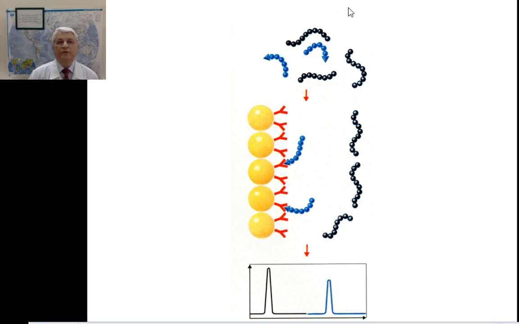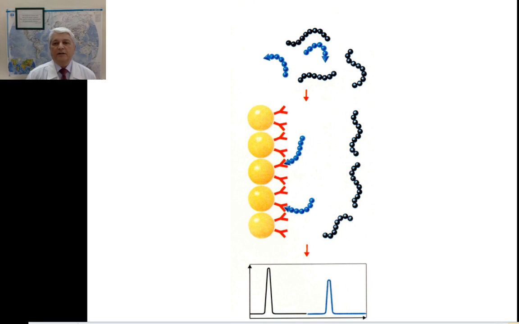For example, we have a mixture of blue and black molecules, then we pour this mixture into the test tube with monoclonal antibodies. Blue molecules will fix and black will not. And finally we can divide them and receive two maximums. One is black, one is blue.